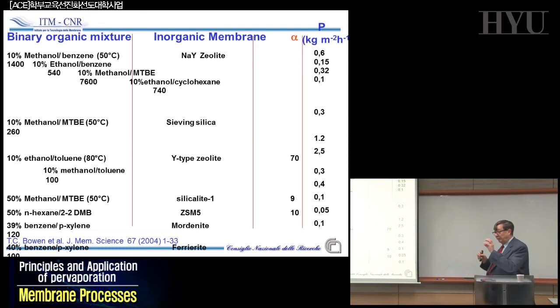So if you can find some specific kind of inorganic material with some specific selectivity that can be utilized for benzene and paraxylene, this is quite interesting, very difficult to operate with any traditional system, and mordenite has a special final morphology that can be of interest for this kind of separation.